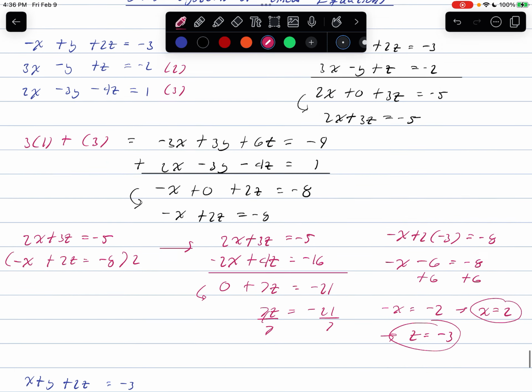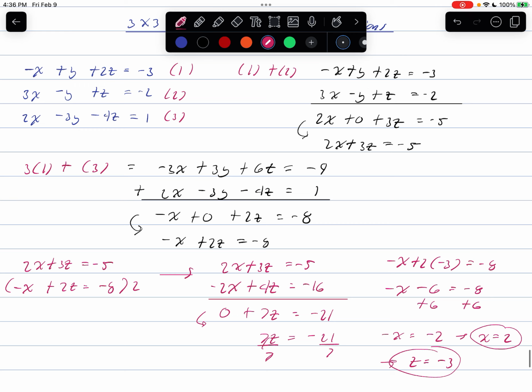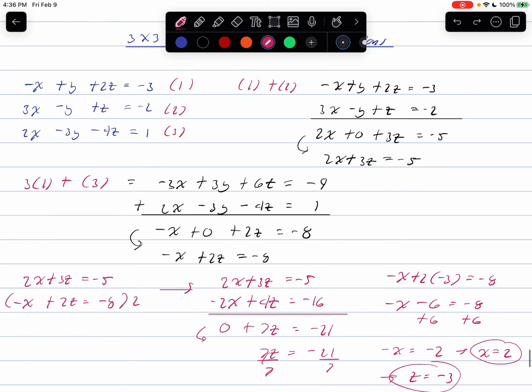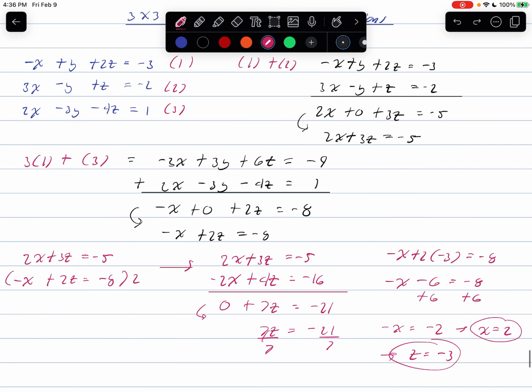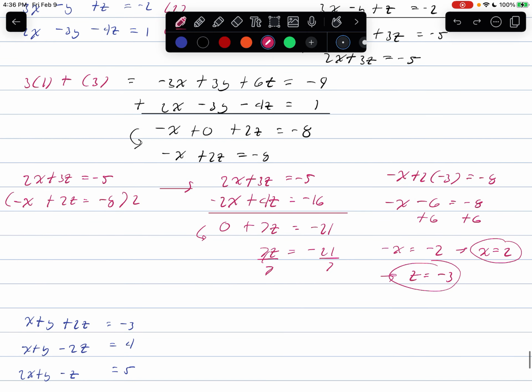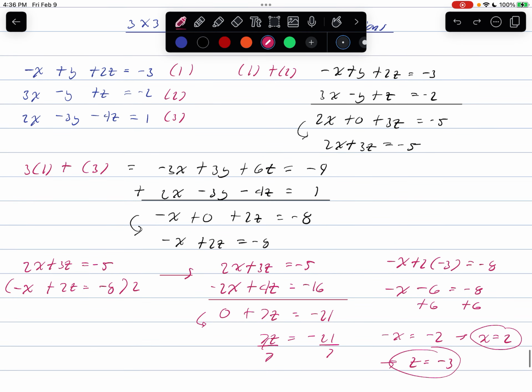And now our last step is to take these two values and plug them into any of our initial three equations up here. Okay? So I'm going to say let's plug it into the first equation. I don't know if any of them are particularly better, but that's going to give us negative x plus y plus 2z.